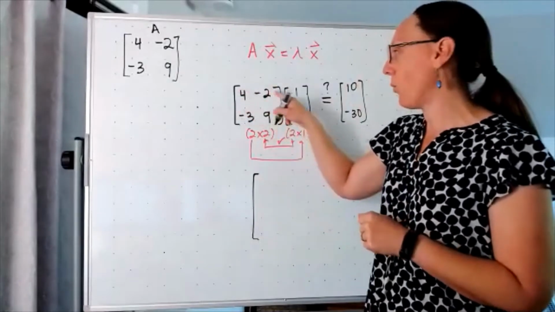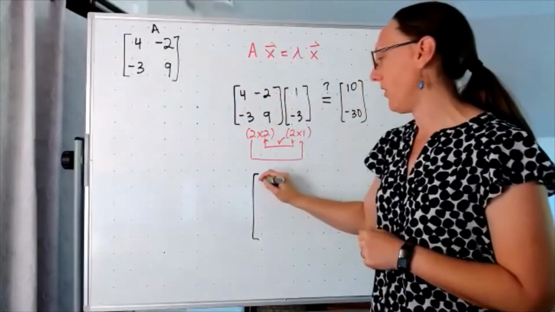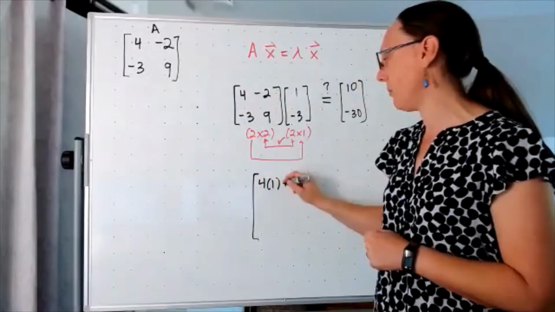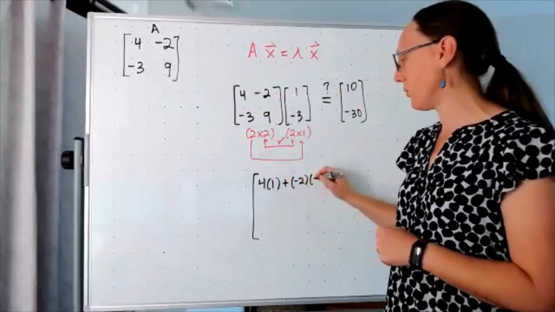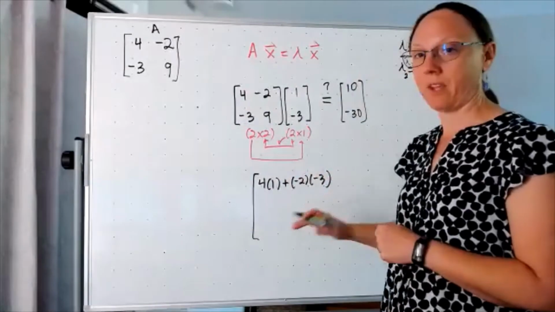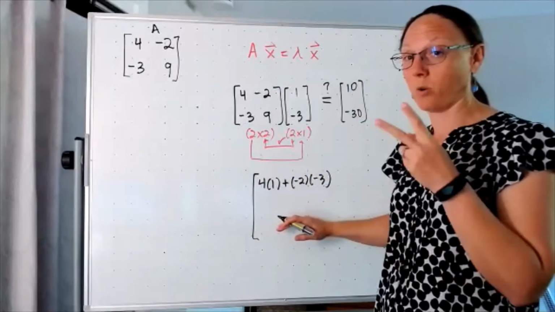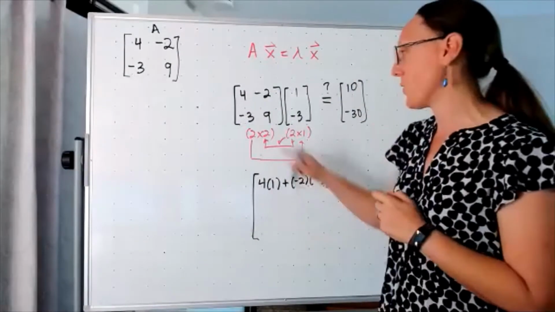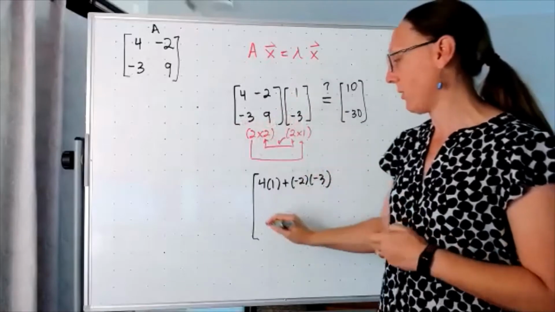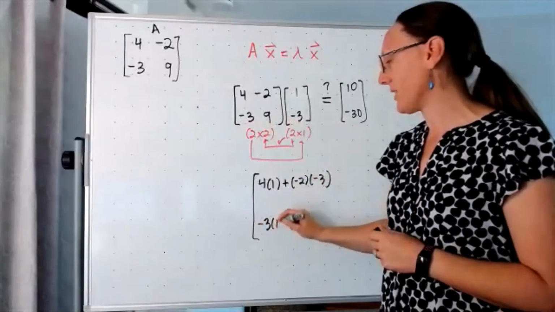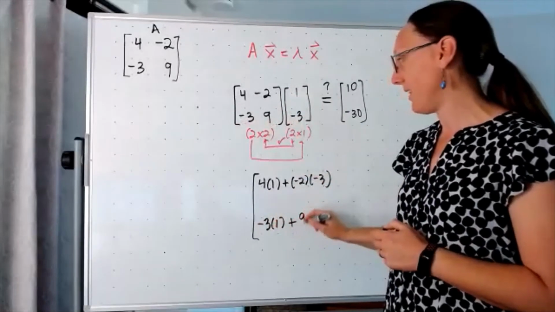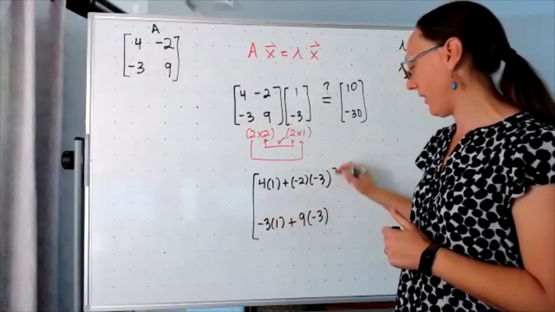So I would take row 1 times column 1. I'll have 4 times 1 plus -2 times -3. This bottom piece, it's in row 2, column 1. So I'll take row 2 times column 1. -3 times 1 plus 9 times -3.